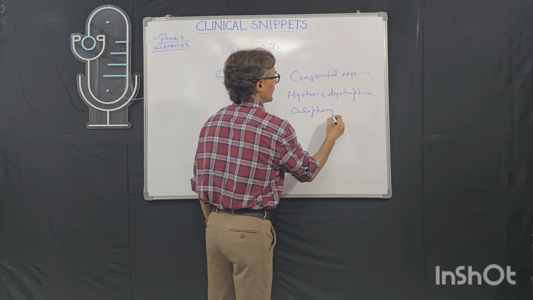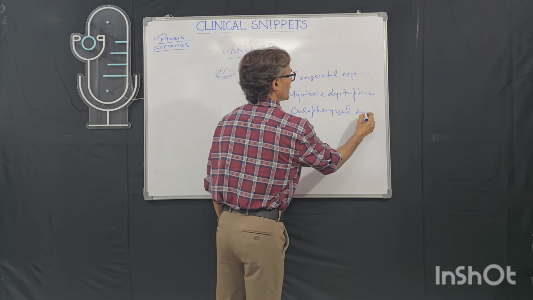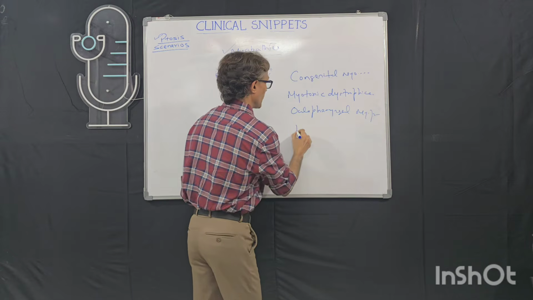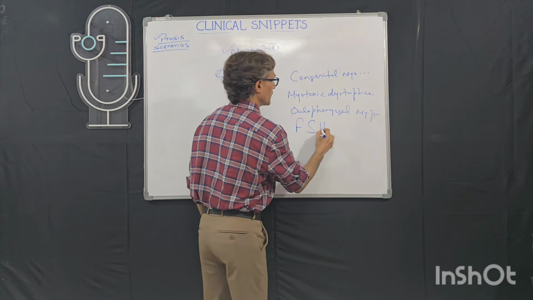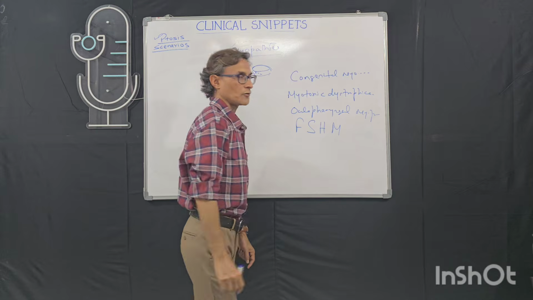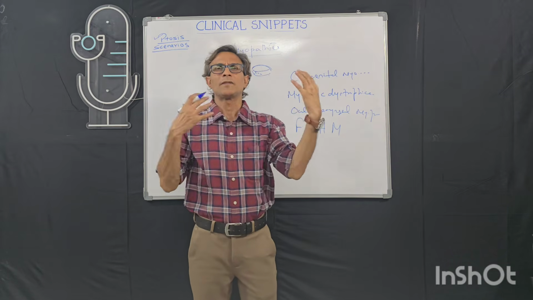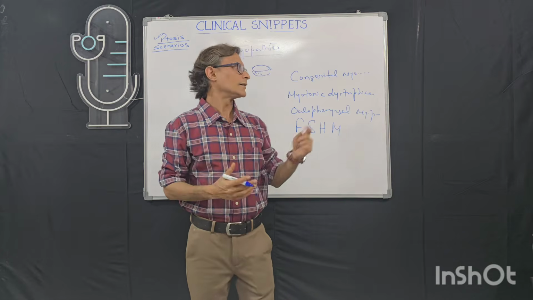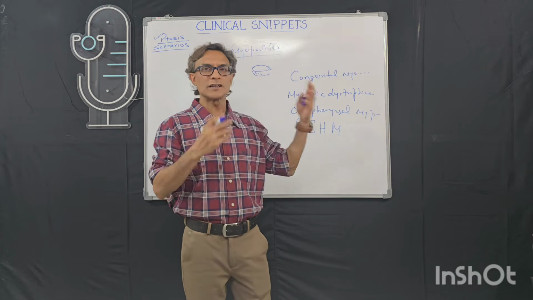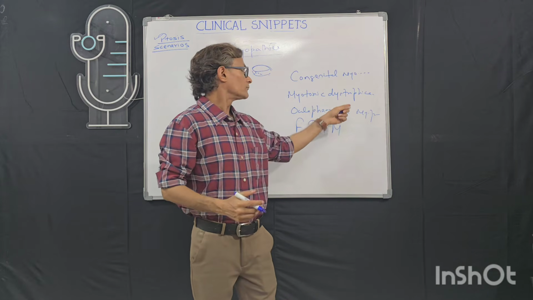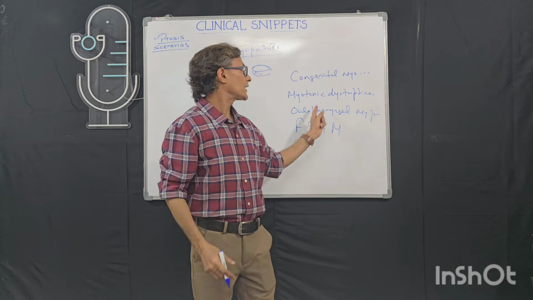Oculopharyngeal myopathy. Facioscapulohumeral dystrophy. So facial muscle, periscapular muscle, proximal muscle, ocular muscle, classical ptosis, and pharyngeal weakness, bulbar weakness.